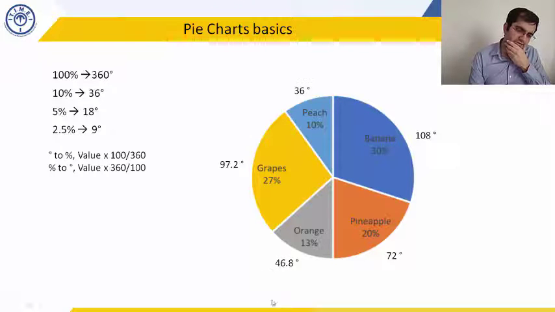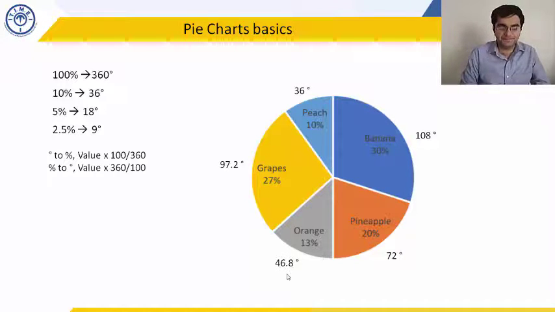Okay, I want you to write over here, reverse. 46.8 degrees equal to 36 degrees plus 10.8 degrees equal to 36 degrees plus 108 degrees divided by 10.